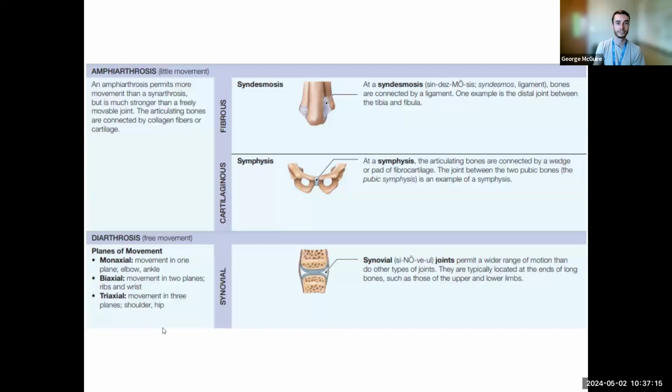And then with our triaxial, that's introducing rotation as a possible movement. And so these are all different types of movements, different planes that synovial joints will be capable of. So like I said, this is where we'll be spending most of our time in this chapter. They are diarthroses, or allowing for free movement.